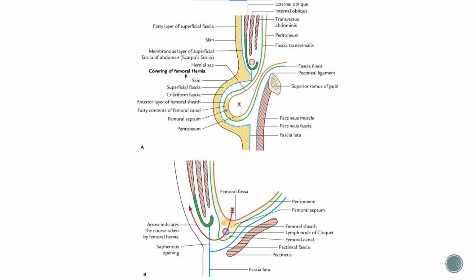Talking about strangulation, sometimes the femoral hernia gets stuck, and in that case it leads to severe abdominal pain, nausea, and vomiting. This strangulation is released by a surgeon. He releases it by cutting the lacunar ligament because it forms the medial boundary.